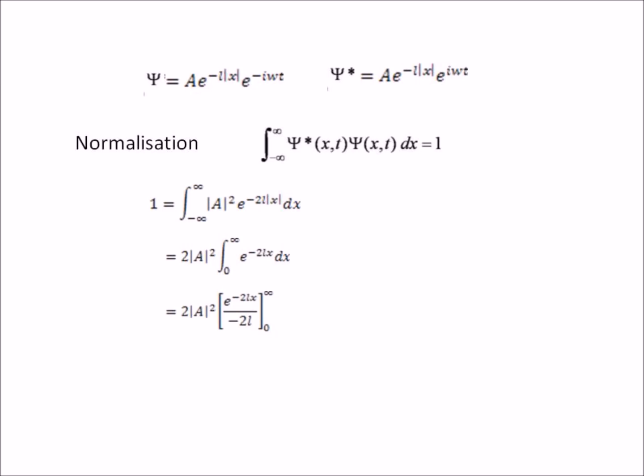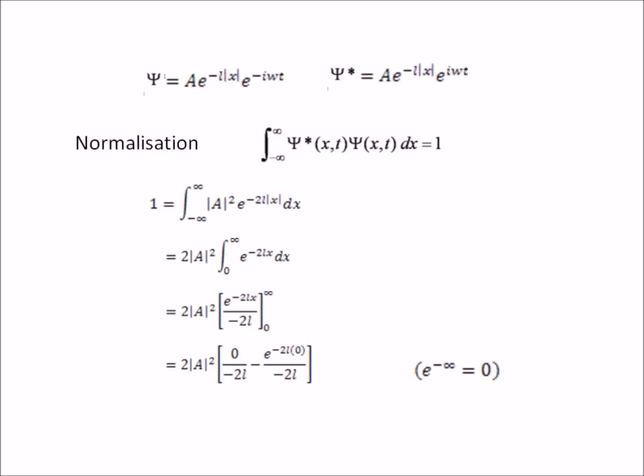So the integration is e raised to minus 2Lx divided by minus 2L. In this case we do not need to put mod, because all values from 0 to infinity are positive, so we can neglect the mod, and our limit is 0 to infinity. Substituting the values, e raised to minus infinity is equal to 0.